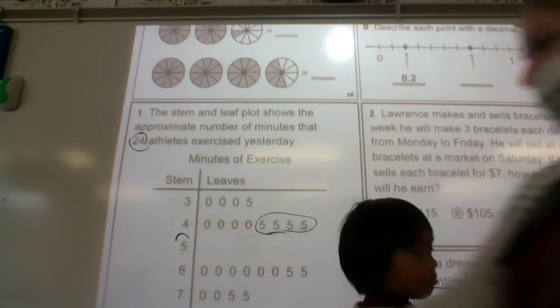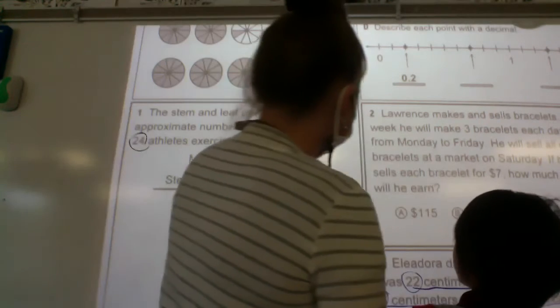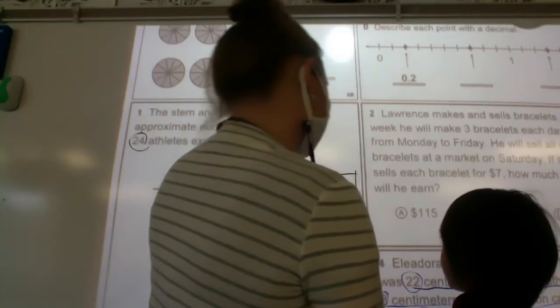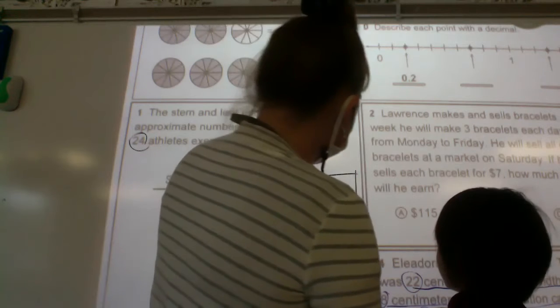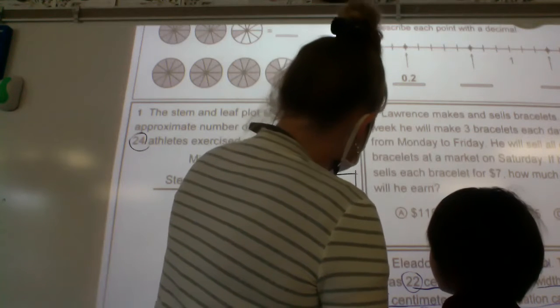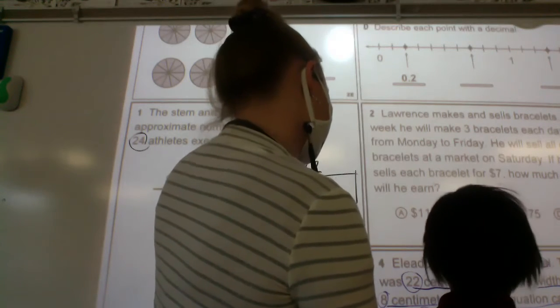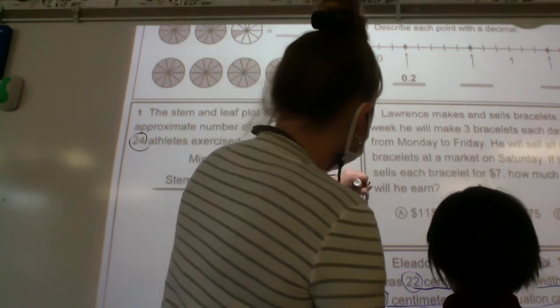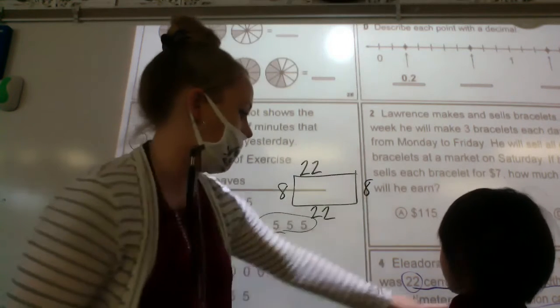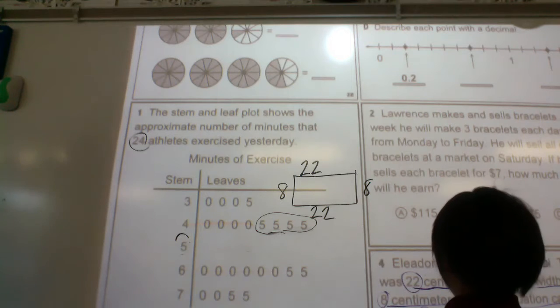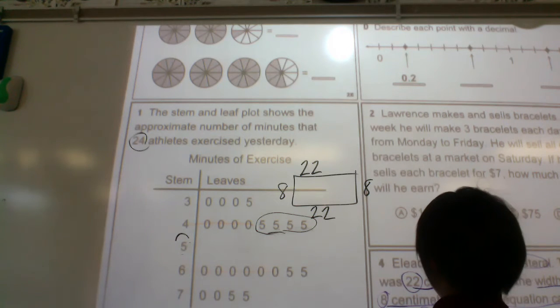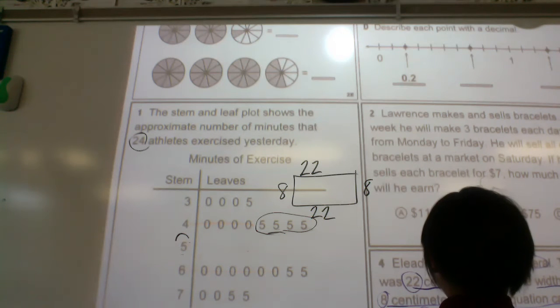So think about it. We have a quadrilateral. It's 4 sides. They say the length is 22 centimeters. So that would be 22 centimeters. And the width was 8 centimeters. Which one of these equations shows that? Because we don't have an equation up here that says 8 plus 8 plus 22 plus 22.